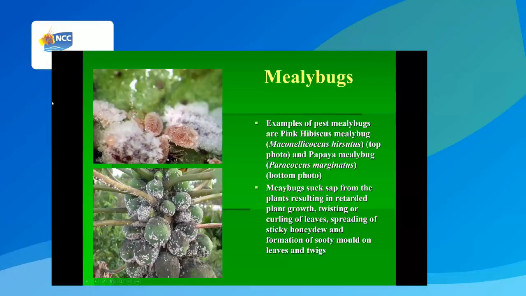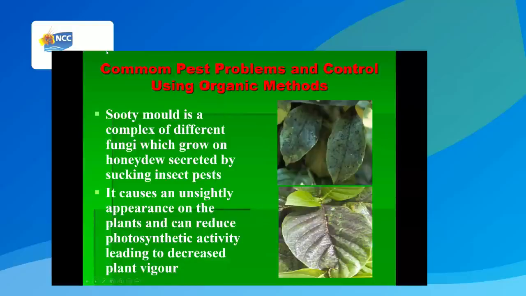But fortunately, both of these species, which came in as invasive species, have now been brought under excellent biological control, and they're no longer a problem. Completely organic. Next slide, please.